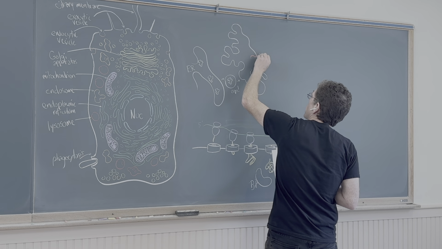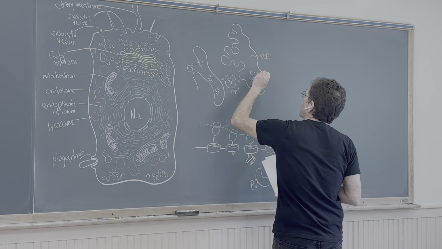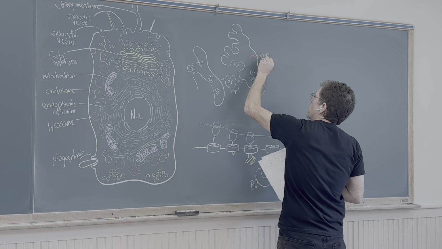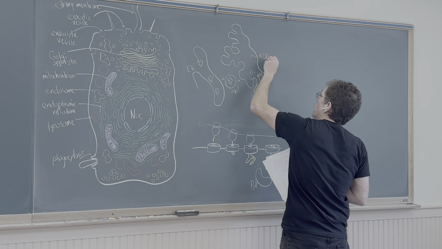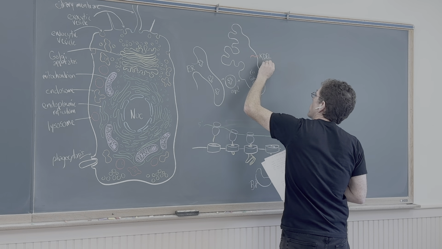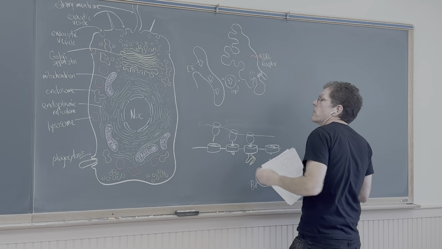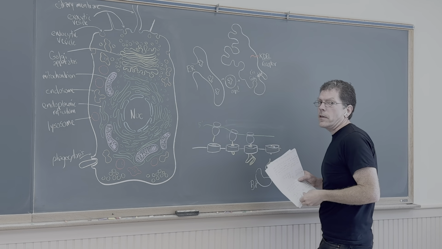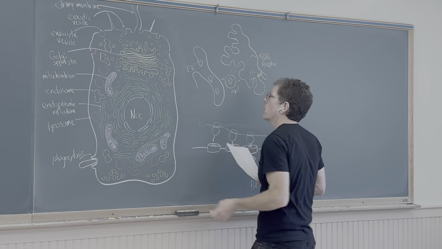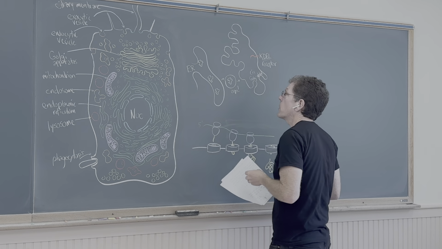This is called the KDEL receptor because the amino acid sequence lysine, aspartate, glutamate, leucine tags proteins for retention in the ER. If you stick this little sequence on the C terminus of some protein that's otherwise destined for secretion, you can force it to remain in the endoplasmic reticulum.